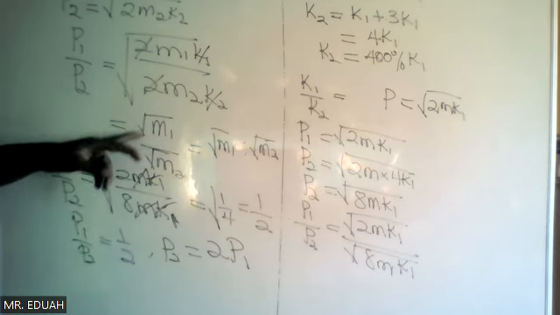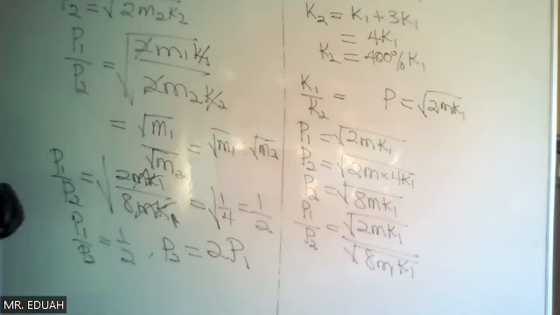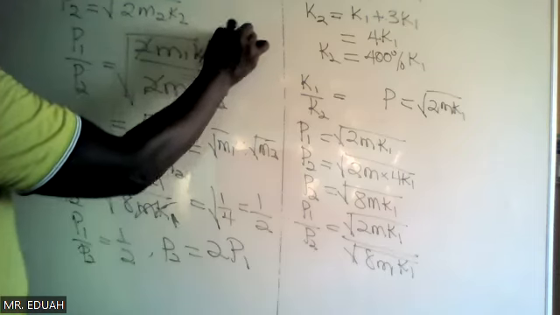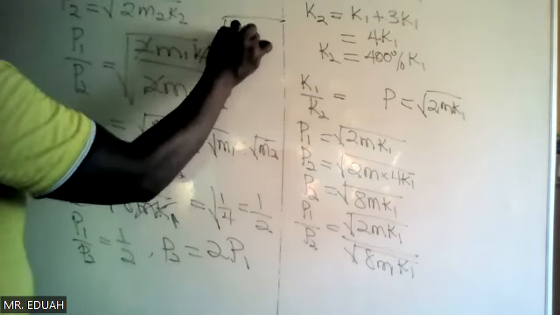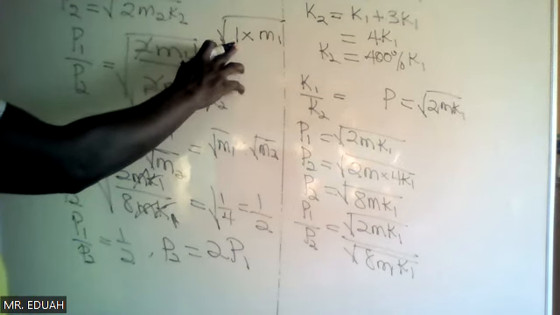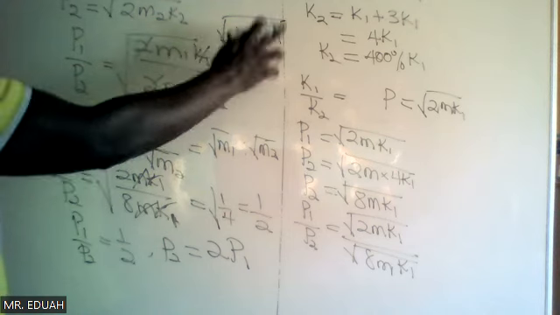Mr. Eden, I'm saying that the coefficient is 1, and root of 1 is the same one. So why is it not M1 is to M2 rather? No, you see, you have 1 times M1. So you cannot just take square root of 1 and leave this.